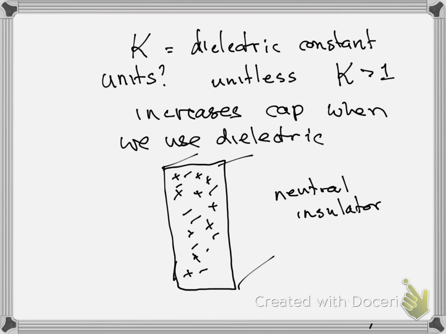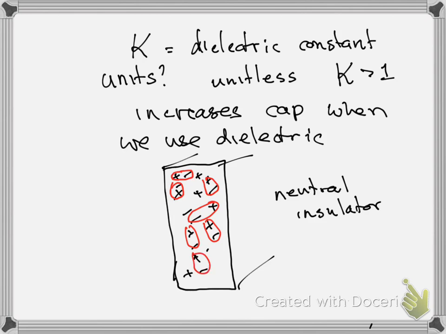But actually, one of the things about nature is that if it's neutral, what it really means is that in most cases, the thing is filled with dipoles, right? A plus and a minus together, a plus and a minus together, a plus and a minus together. They are just randomly oriented dipoles is really what's going on.